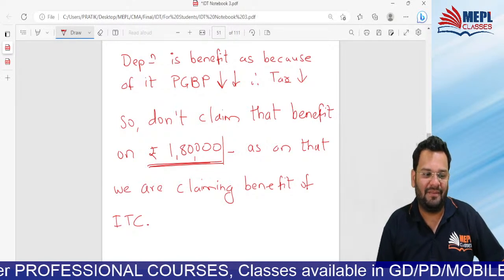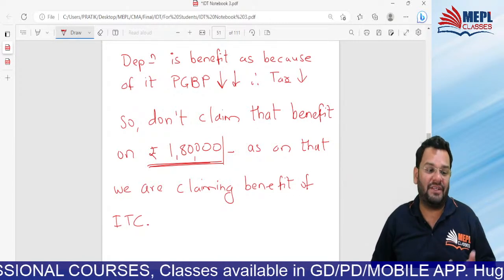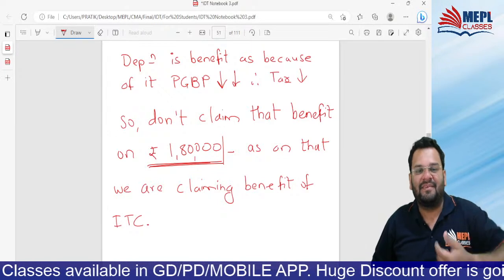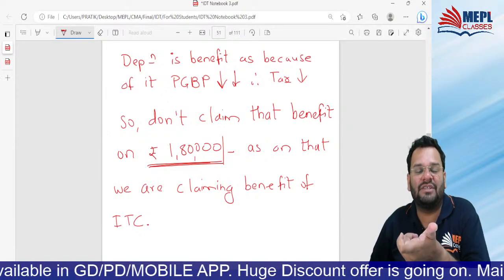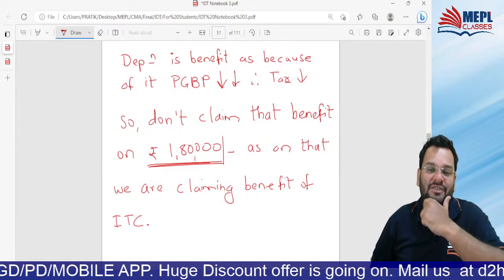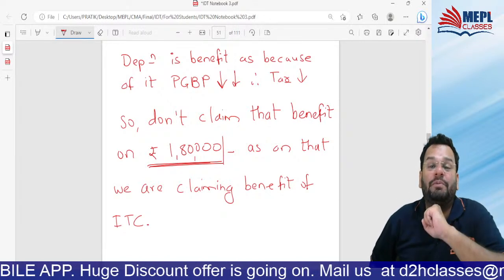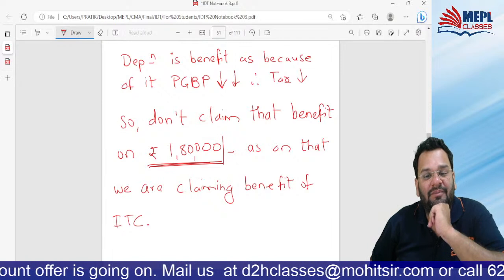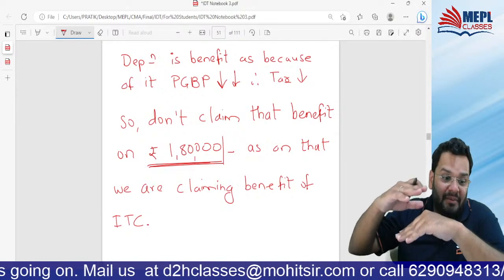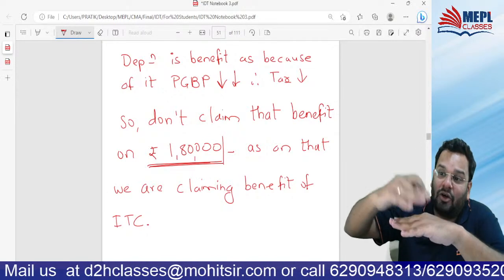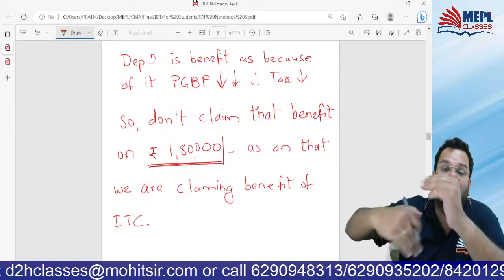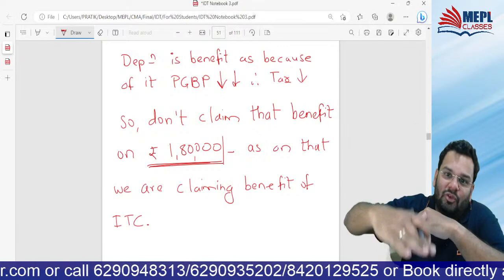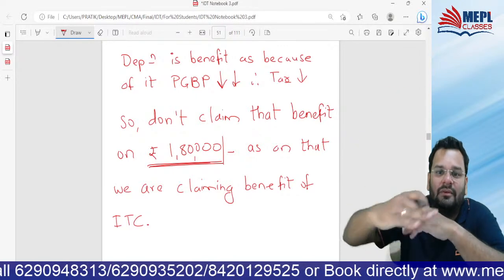Which is more beneficial? No prizes for guessing. ITC is obviously more beneficial. Because of claiming and using ITC, your output tax is directly going down. Your net GST payable is going down.